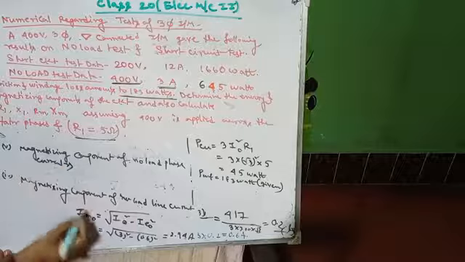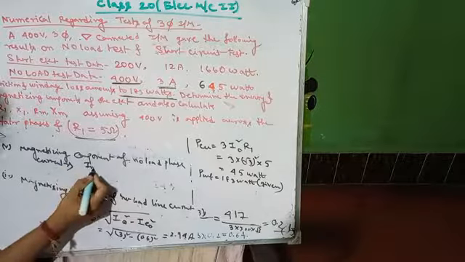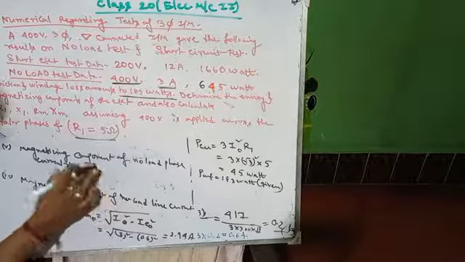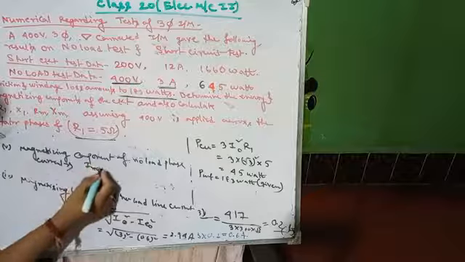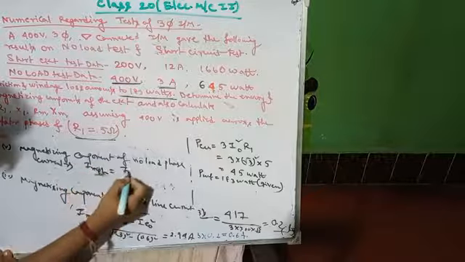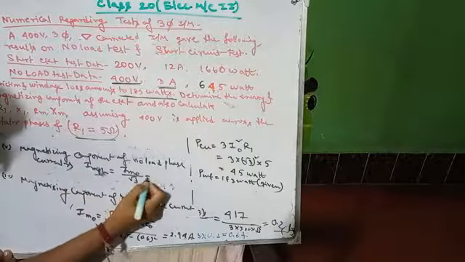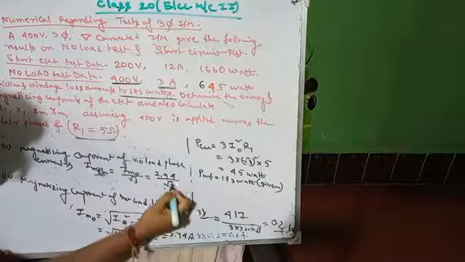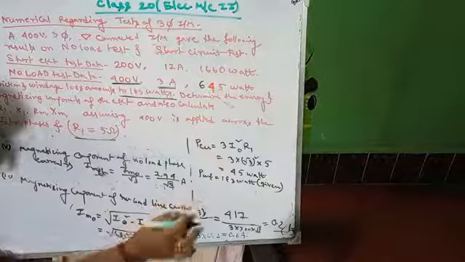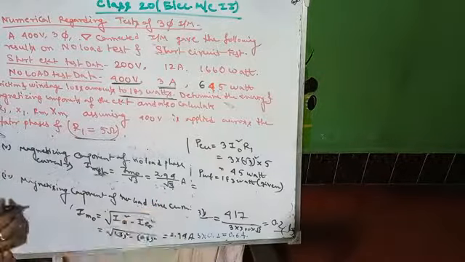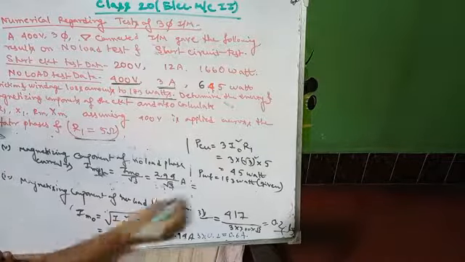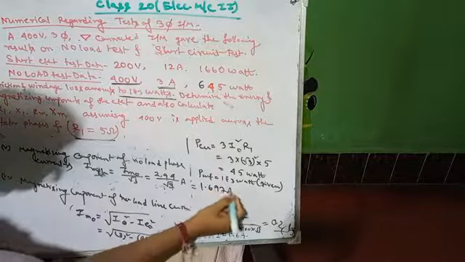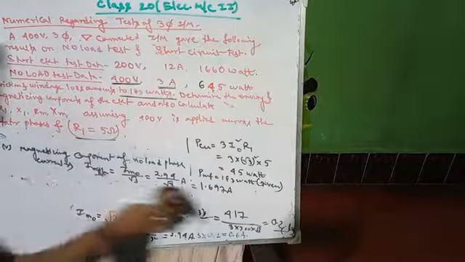So which will be equals to IMPH, which will be equals to IM naught by root 3, that is 2.94 by root 3 ampere. Okay, so what will be the answer? 2.94 by root 3, which will be equals to 1.697 ampere. Okay, so this is the fifth part.